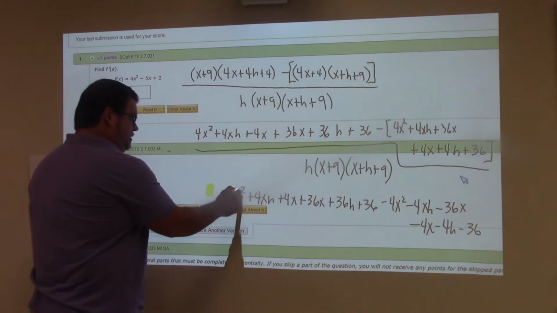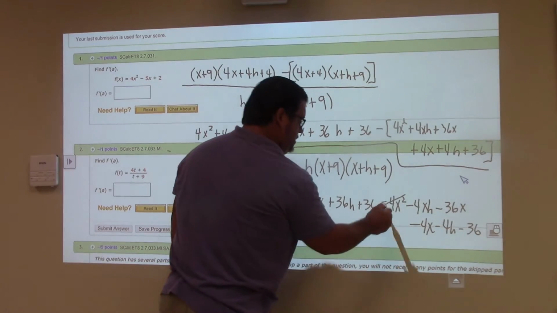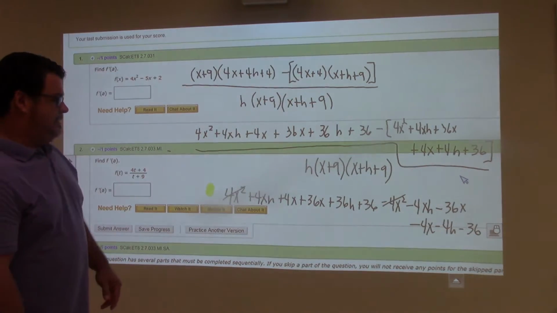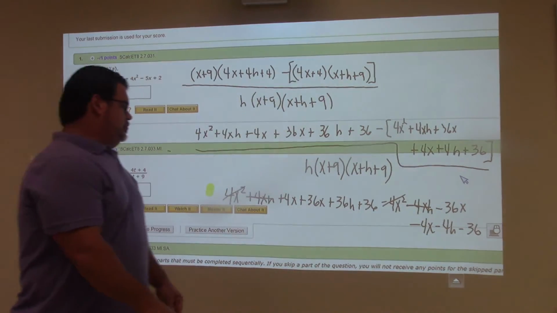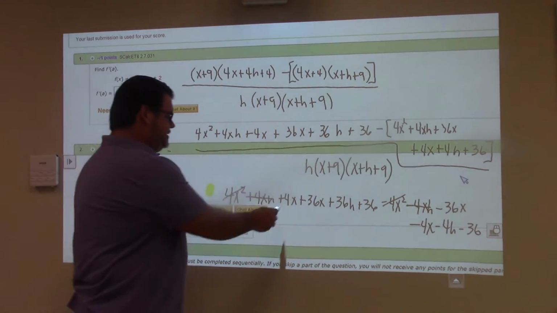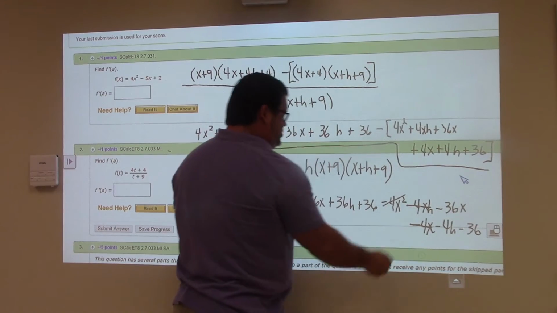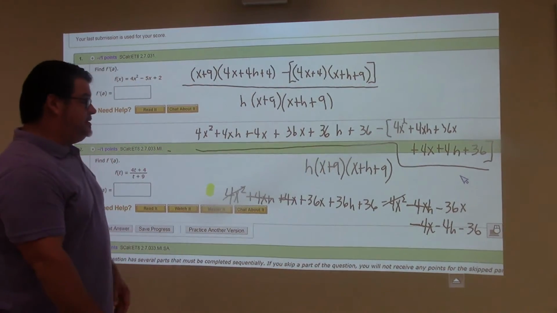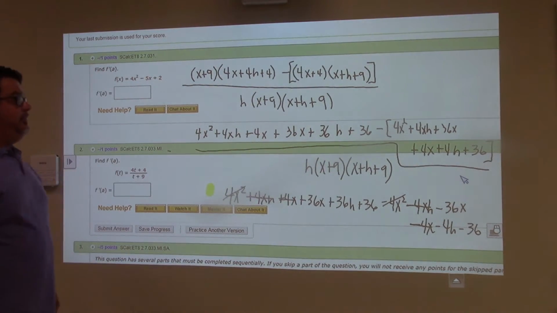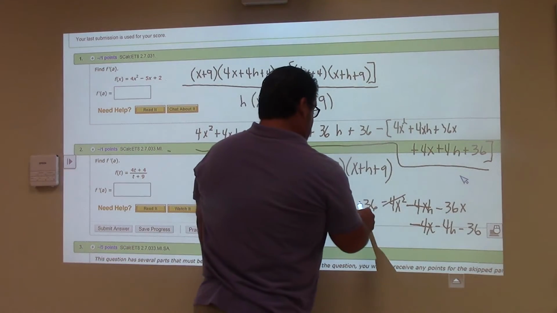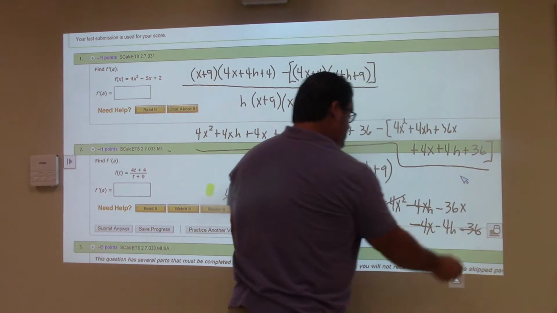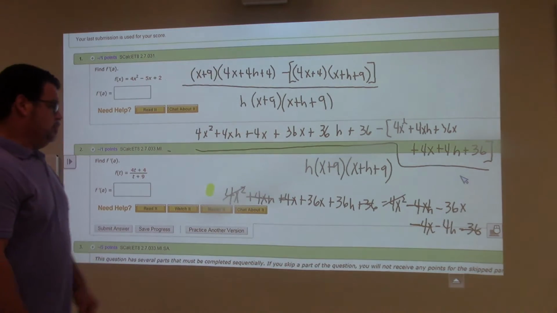4x squared cancels. 4xh cancels. 4x cancels. And yes, you can combine like terms, that's fine, but I don't have enough room up here. So 36 cancels. Anything else?